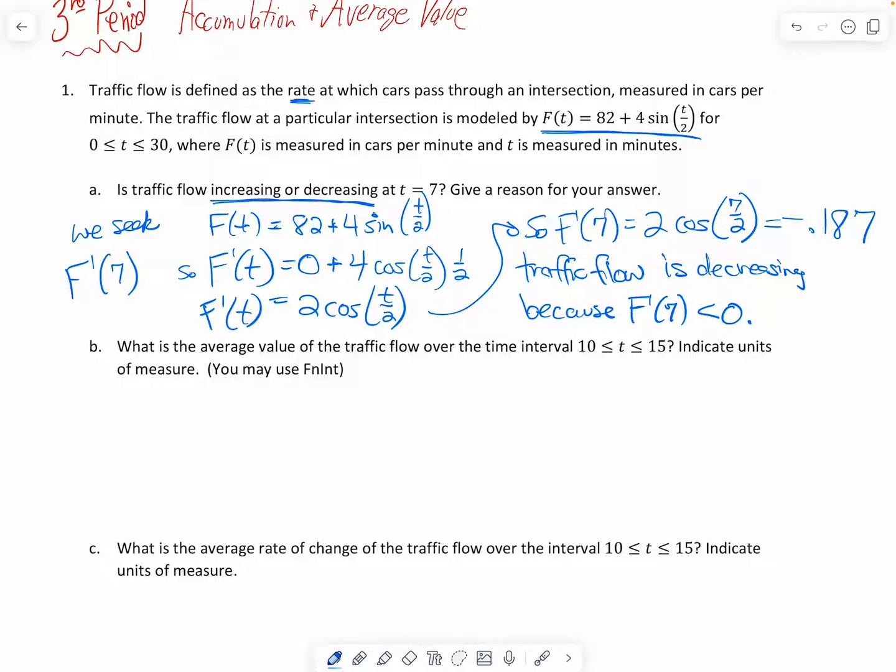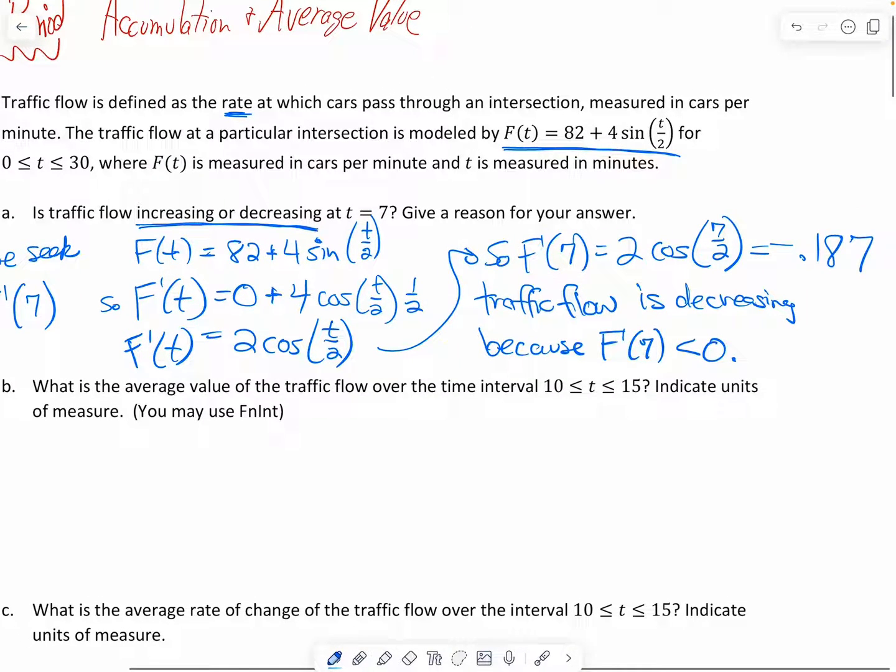I have notes here where I made a quick view of that function, in minutes and cars per minute. We're going from 0 to 30 minutes, and 82 is the base level, and then it's a sine function.